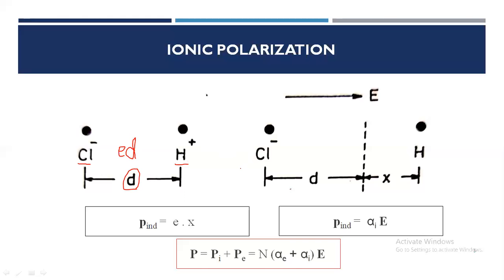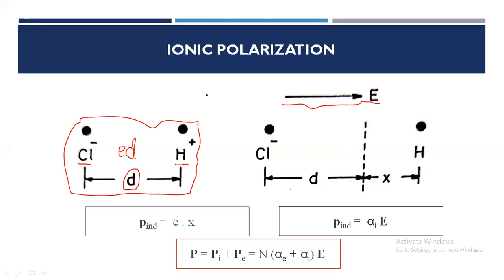The distance between ions increases from d to d plus x. As you can see here, this part of the figure is without an electric field. Suppose that the electric field is applied, which is shown in the second figure. Then one of the ions is displaced from its original position.